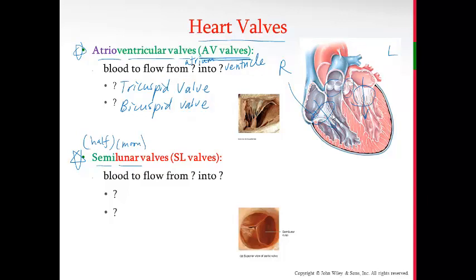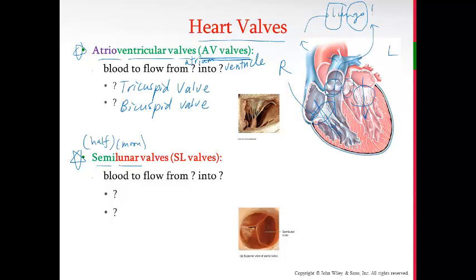Now, how they're named is really based on where the blood is going to lead into. For instance, from the right atrium to the right ventricle, and blood eventually has to go through this area, through the valve, and to the lungs. This is my version of the lungs, not the best looking one, but they're the lungs.